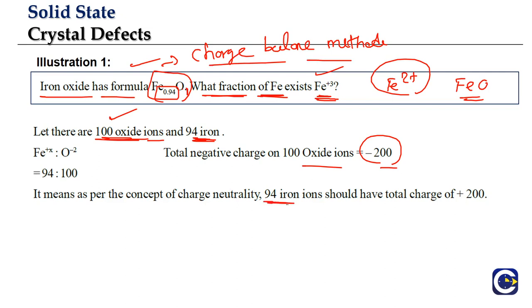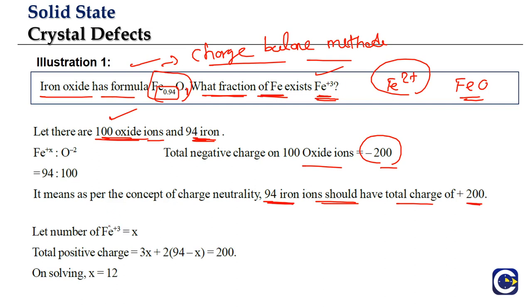The overall charge of the 94 iron atoms should be equal to +200. In those 94 iron atoms, some are Fe2+ and some are Fe3+. Let X be the number of Fe3+ ions. Then Fe2+ ions will be 94 minus X. The total positive charge should be +200.